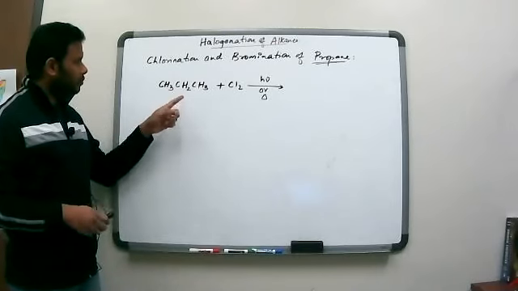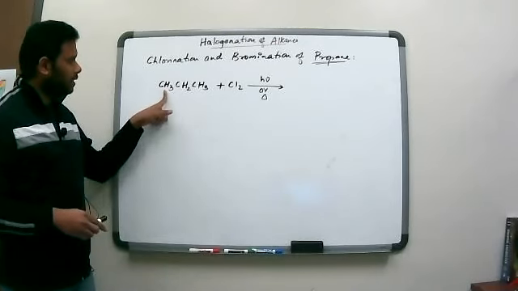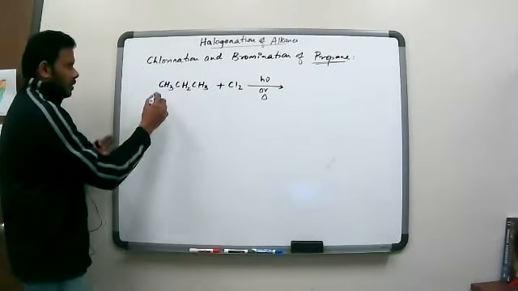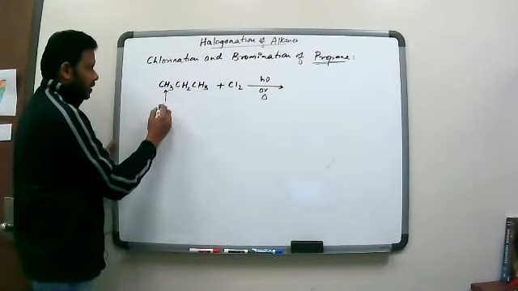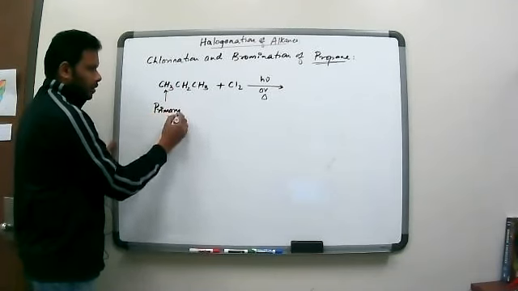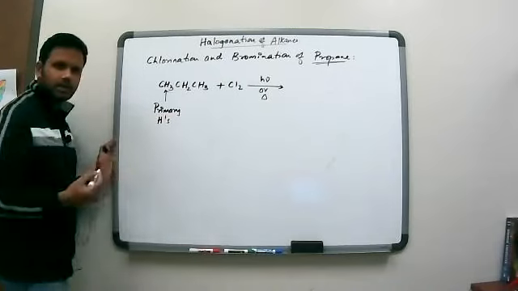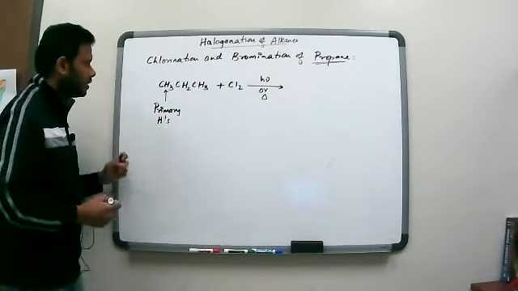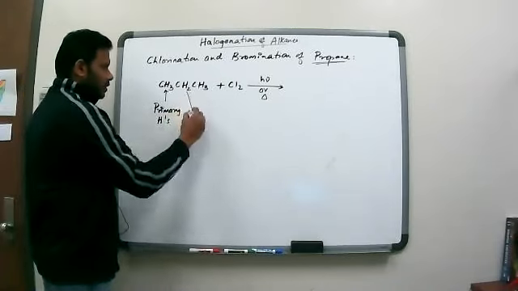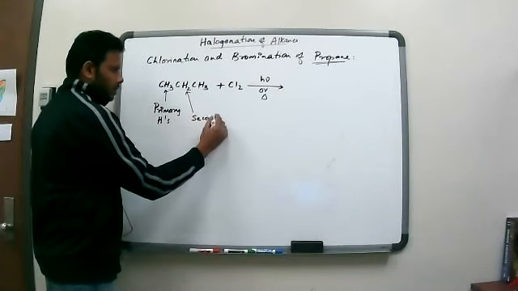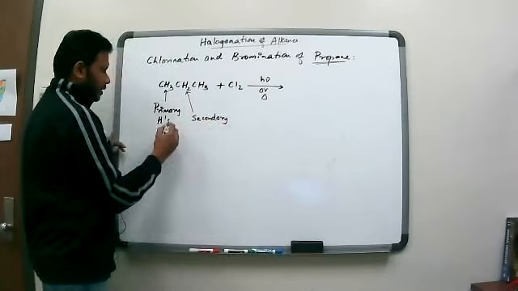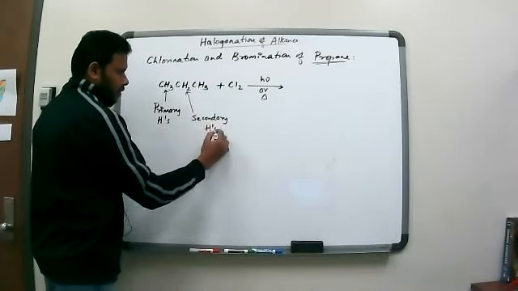So in propane, we have the methyl groups, and the hydrogens on the methyl groups can be classified as primary hydrogens. That's something that we've already discussed. So these are primary hydrogens. Similarly, the hydrogens on the CH2, these are secondary hydrogens.